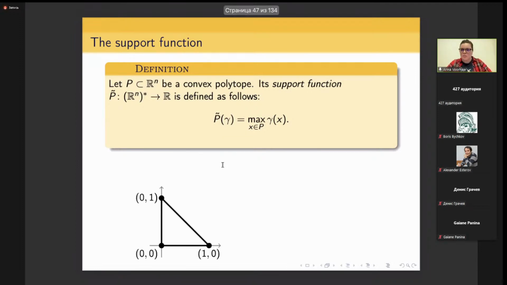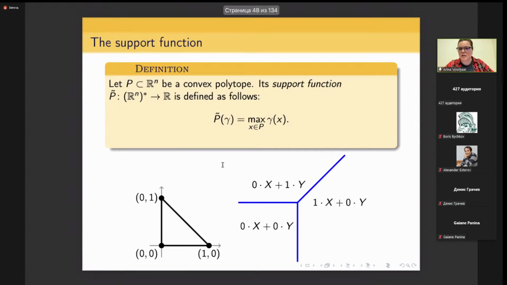Here's a little example. I take a unit triangle in the plane, and on the right I draw the linearity domains of the support function. For a polytope, the support function is going to be piecewise linear. Let us understand it slightly better. Suppose I take a covector on the right pointing in this direction.